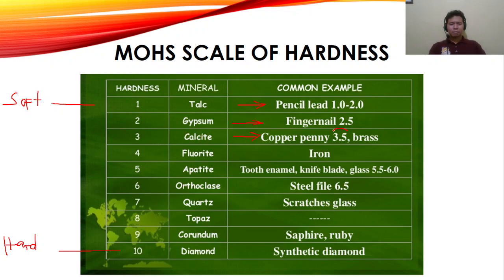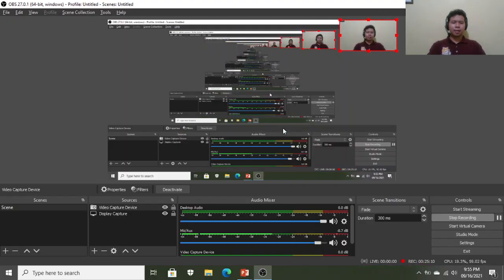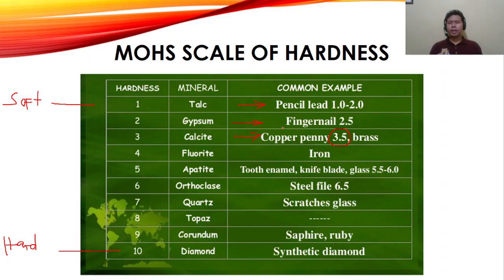A good example here is a copper penny having a 3.5 hardness. If you observe a certain penny with a 3.5 hardness, its hardness can possibly scratch our fingernail, meaning that the penny is harder than the fingernail.